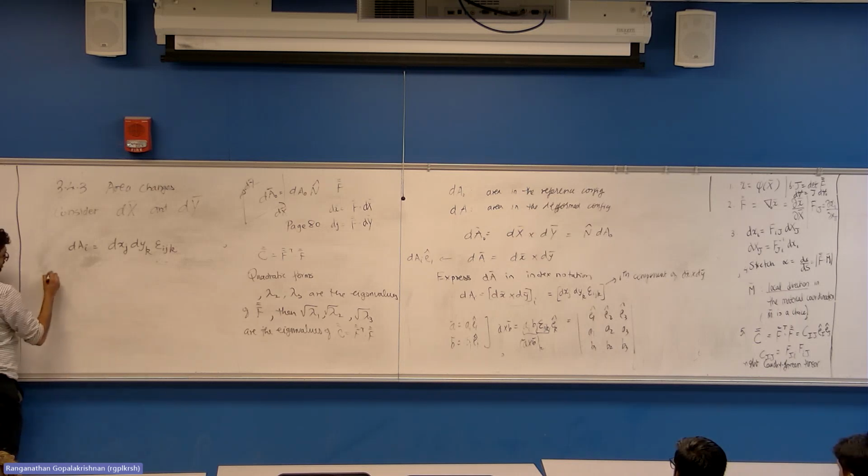So what is dx_j? How can you write it in terms of the material coordinate system, or the material vector dX?